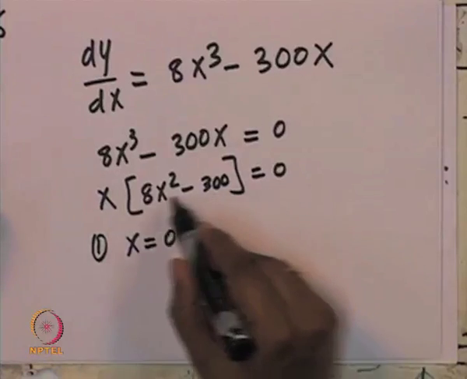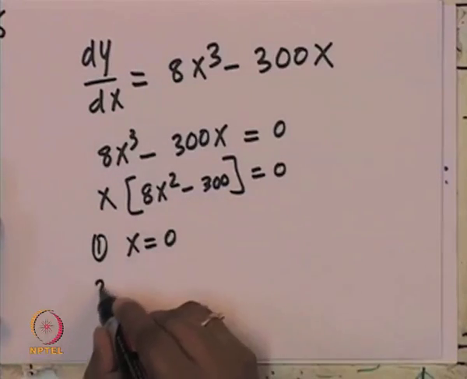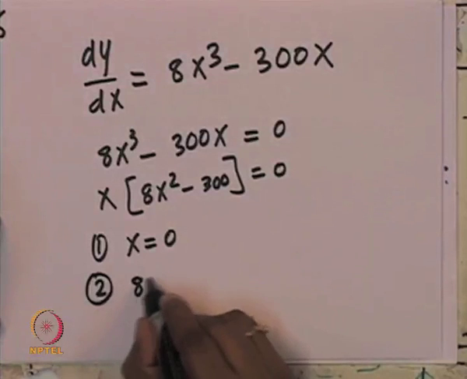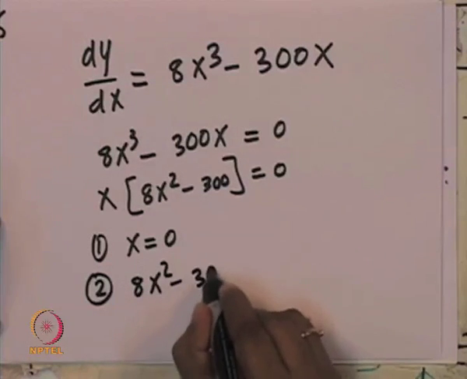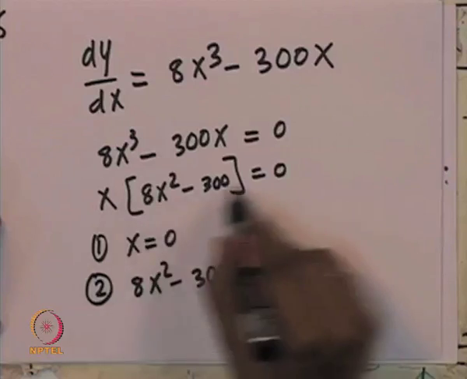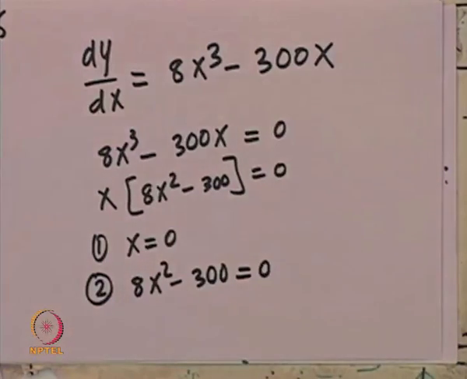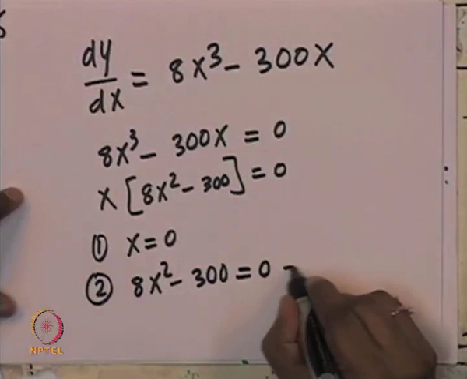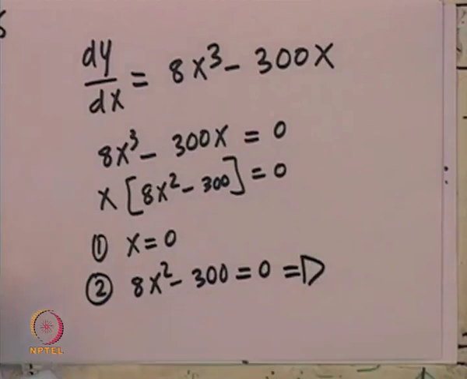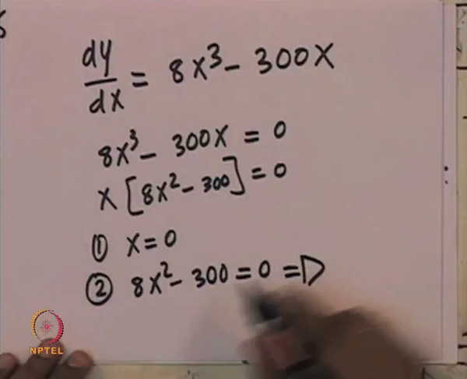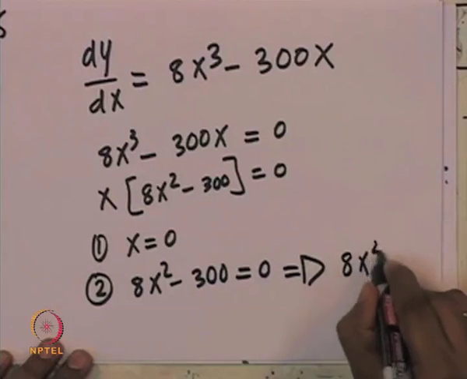Now, what is the second thing? 8 x square minus 300 can also be 0. If this is 0, the whole thing is 0. What does this imply? 8 x square minus 300 equal to 0 means 8 x square equal to 300.